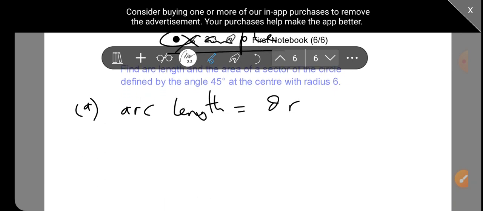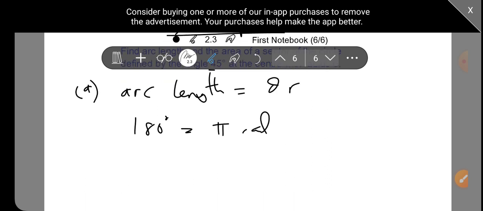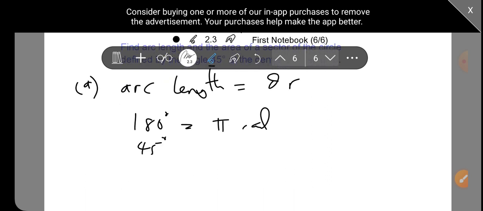But what's our theta? Our theta is in degrees, so you have to convert it to radians. We know 180 degrees is equal to pi radians. So how about 45? We already know that 45 is the same as pi by 4.